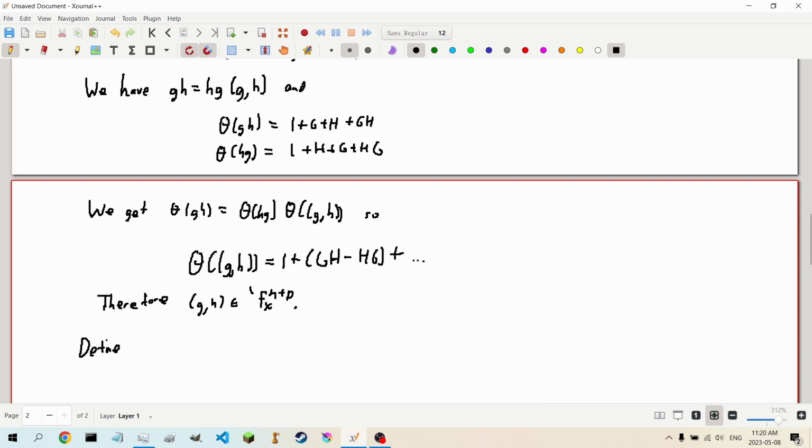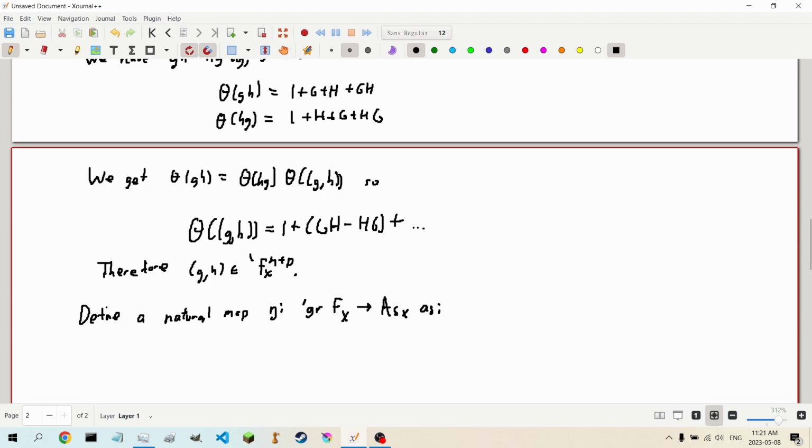We define a natural map eta from this prime filtration, the graded algebra of F(X) generated by this prime filtration, to the associative algebra on X. How do we define this?